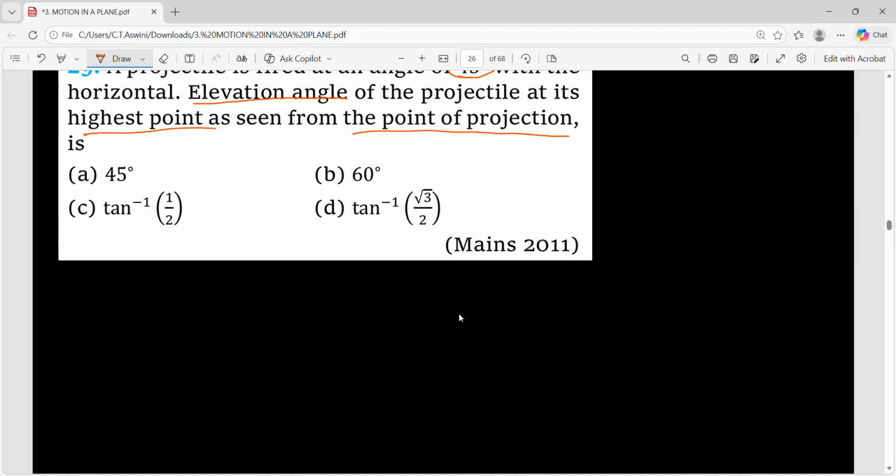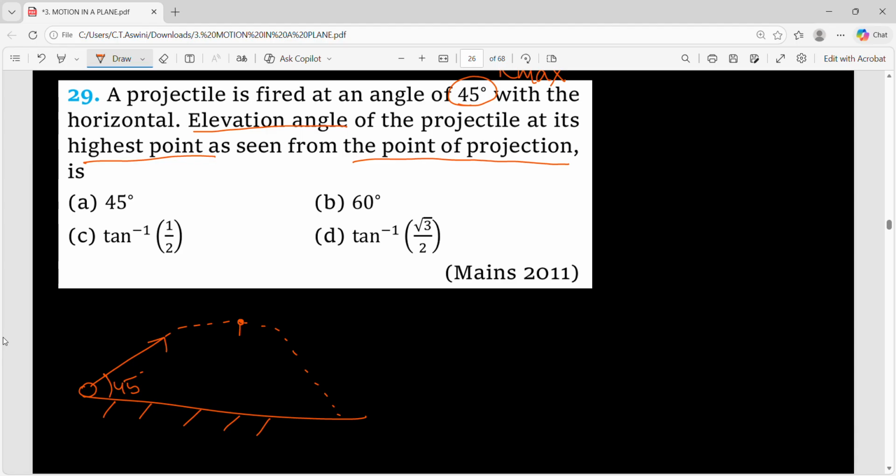So let us understand it diagrammatically. This is the horizontal, projected with angle how much? 45. So it follows a parabolic path and it will fall back to the ground. So let this be the maximum height point.